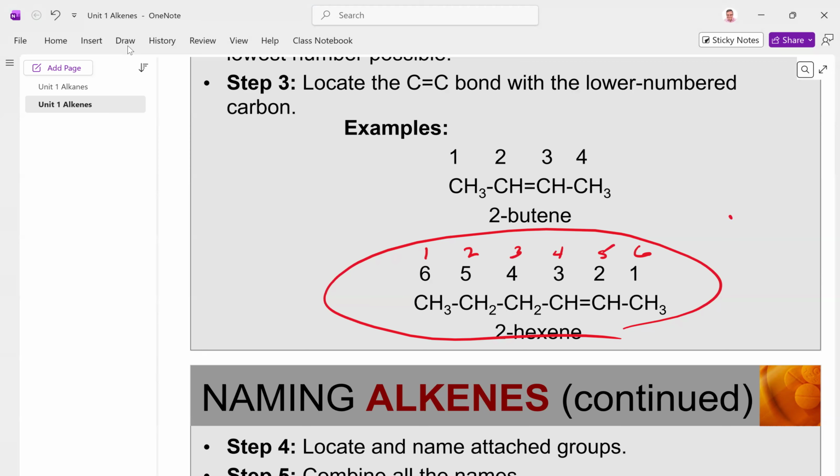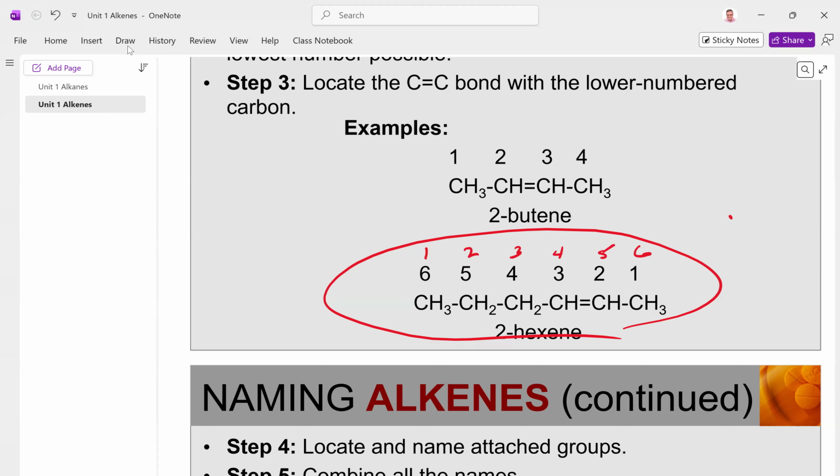So the first carbon of the double bond we run into is on carbon number 2. So that's the one we're going to specify in the name, the one we run into first. And that's why it depends a lot on how you number it. Because if you number it the other way, it's going to end up being the other carbon. So always want the lower number.